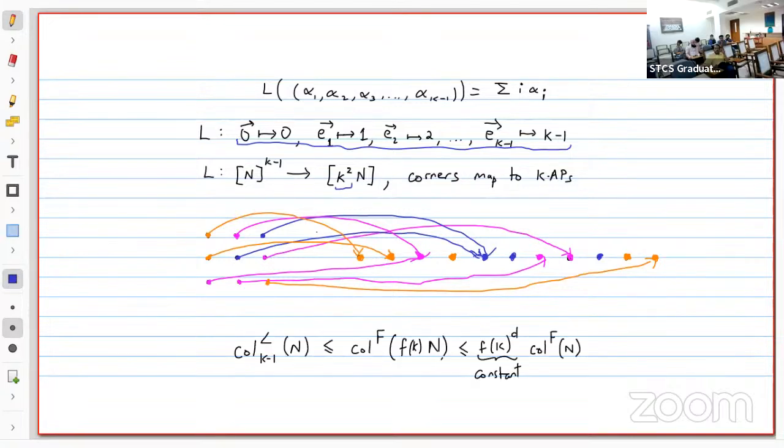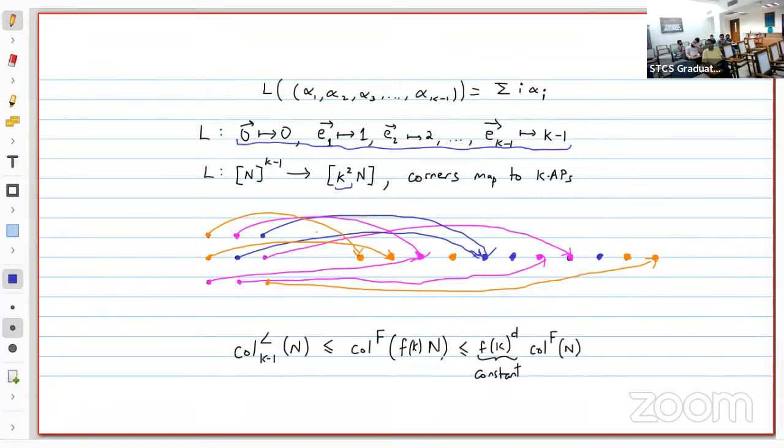But there's another thing, this Hales-Jewett theorem, which is talking about a combinatorial line. The Hales-Jewett theorem is the generalization of van der Waerden's theorem.